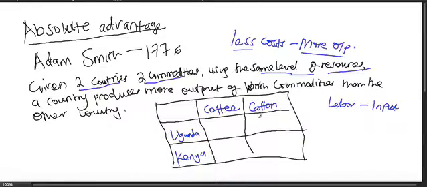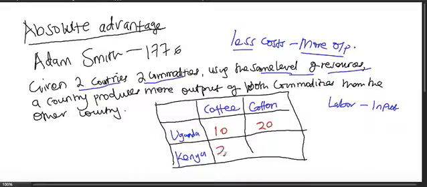So let us assume that Uganda is using 10 labor or 10 workers to produce coffee, and it is using 20 workers to produce cotton, and let us say Kenya needs to produce the same amount of coffee.